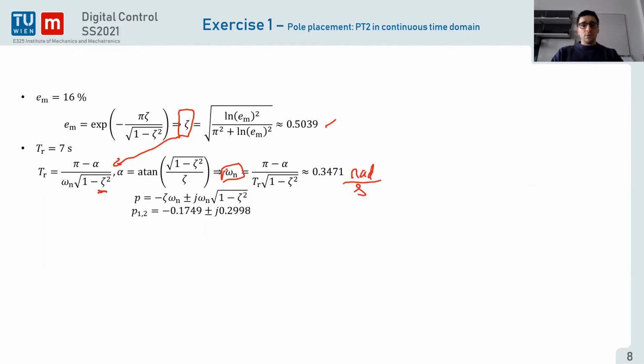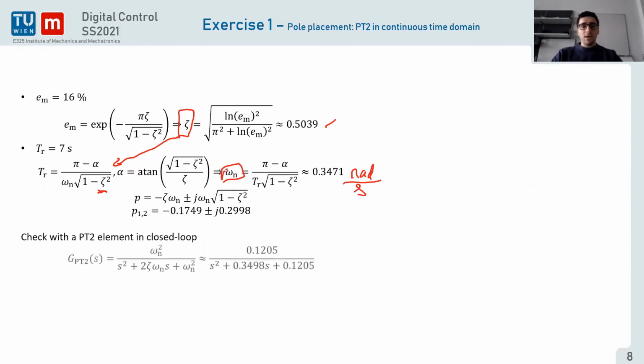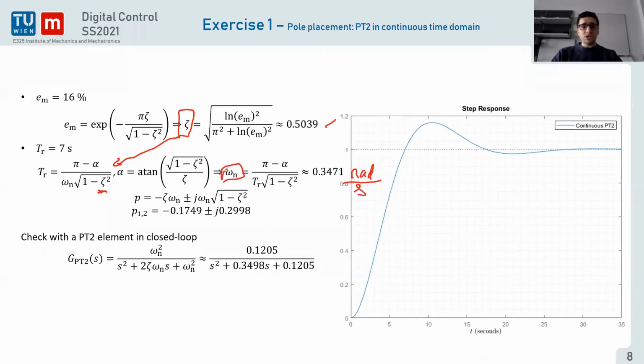We can design our pole placement, or look where the poles should be located in continuous time, like this. Then we can check if the PT2 element is working as expected. Here we have our PT2 element: omega n square over s square plus 2 zeta omega n s plus omega n square.